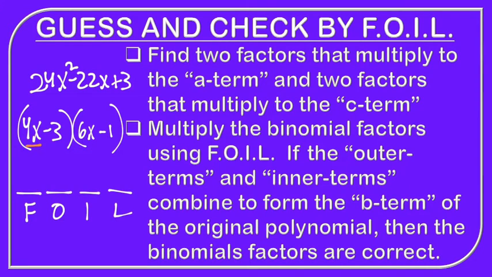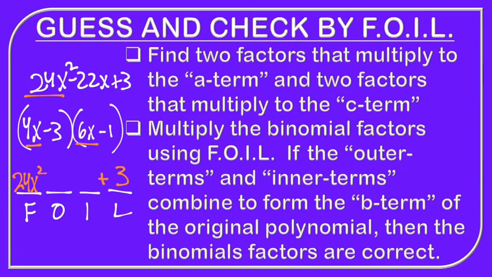So we used 4 and 6, and we know that it's going to multiply to 24x squared. So we know that this part is right because we looked at the 24 when we wrote down 4 times 6. And then we know that this part is right. Negative 1 times negative 3 is positive 3. That's why we chose negative 3 and negative 1.